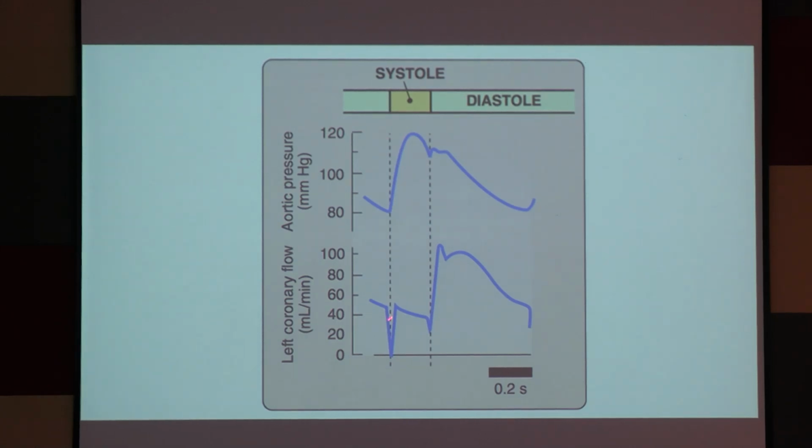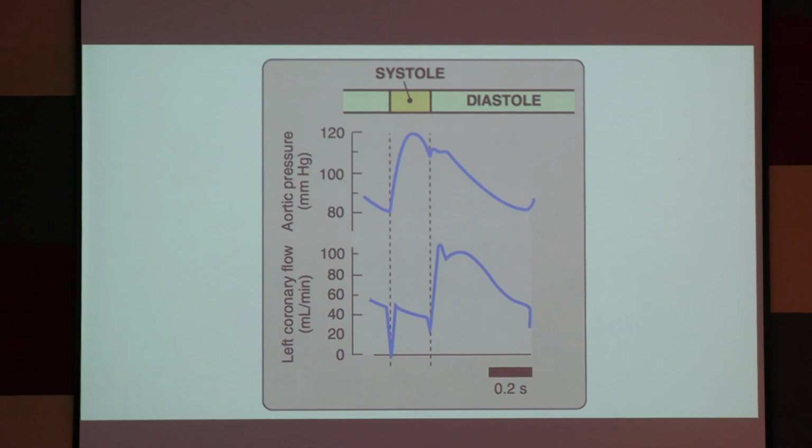During this time, you see left coronary artery flow is down, okay? Because the maximum squeezing effect is happening here, and blood is forced back towards the aorta instead of coming from aorta through the coronary artery to the myocardium, okay? So this time the squeezing effect is maximum, and during systole left coronary flow is falling, okay?